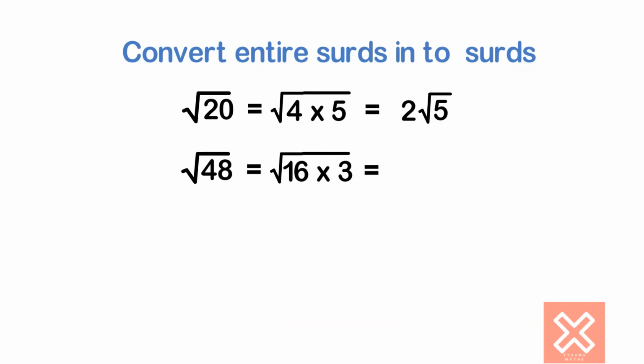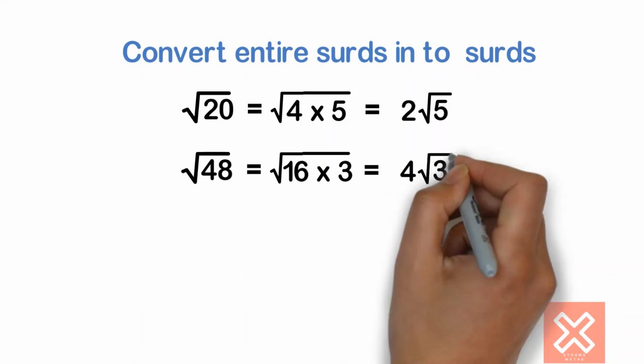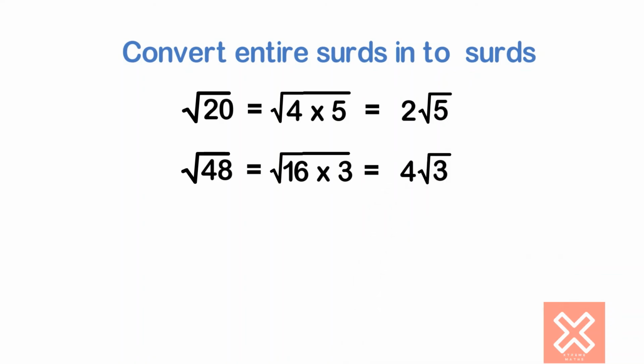When we are taking the perfect square, it should be the highest one. So 16 is the highest perfect square inside 48. Square root of 16 is 4, so 4√3.